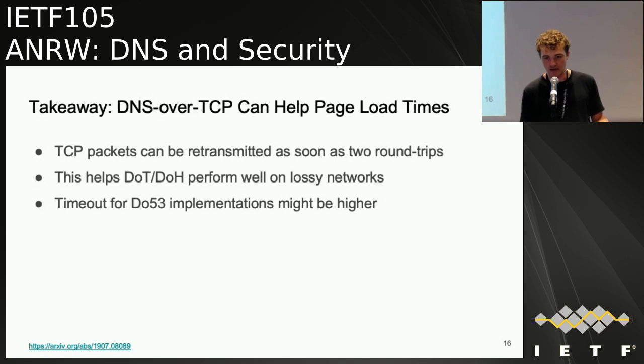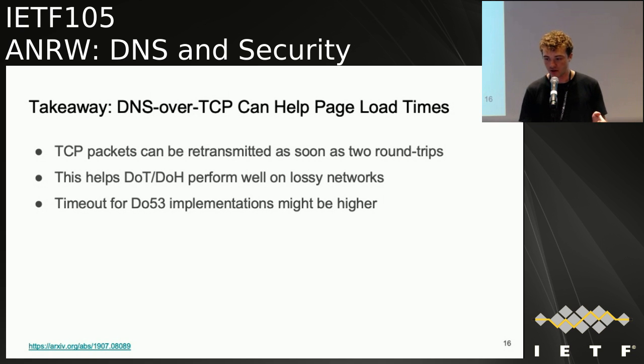So what does this mean, putting this all together? It seems that if you're running DNS over TCP as a transport, this can actually help page load times. We saw that across the university network, the 4G network, and lossy 4G, DNS over TLS was performing either indistinguishably, and by that I mean plus or minus 30 milliseconds in terms of page load times, or it performed actually slightly faster than DO53.